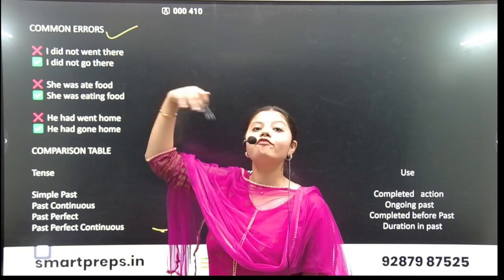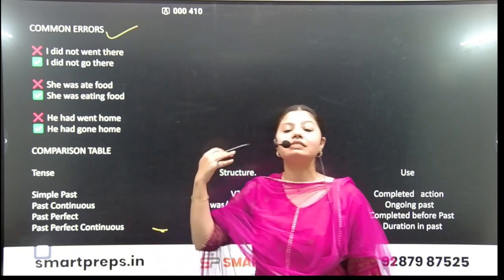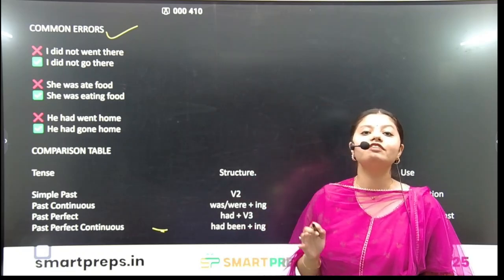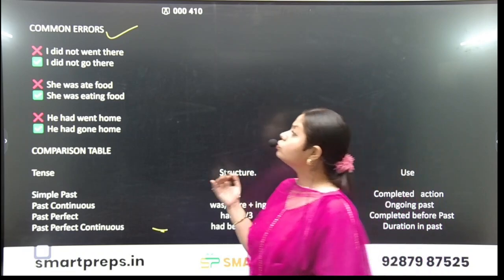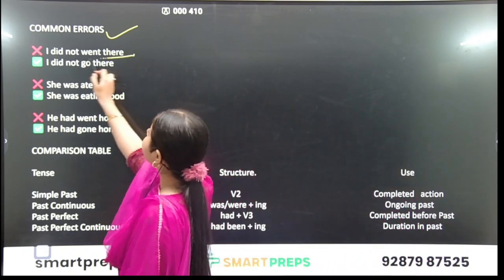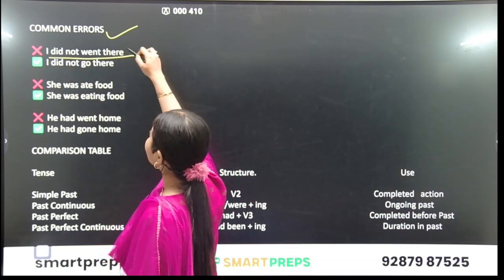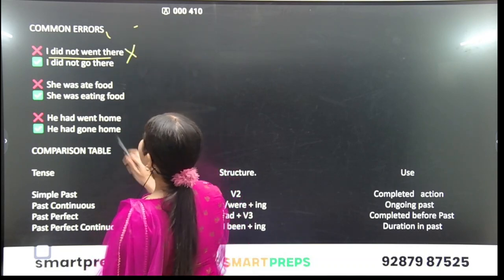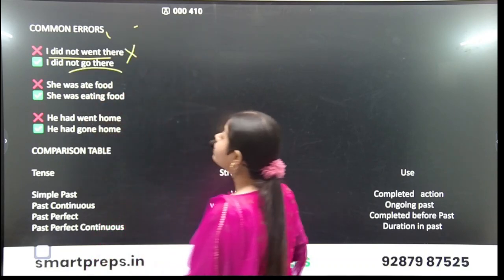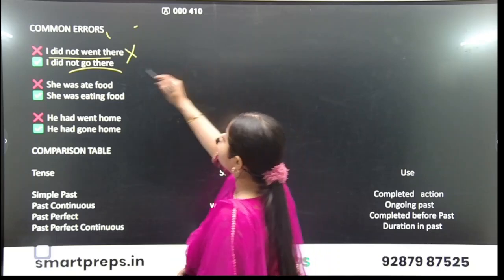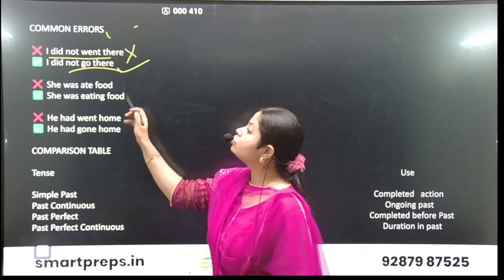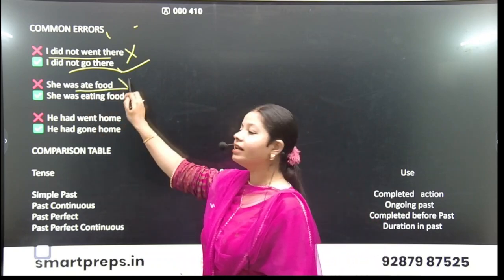Okay, now let's understand the common errors. Yes, we frequently make a lot of mistakes in our exams whenever we are asked to identify sentences. So I did not went there is grammatically wrong. I did not go there is the correct form of the sentence. Next, she was ate food is definitely wrong.